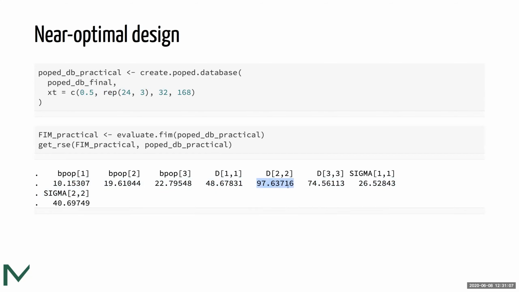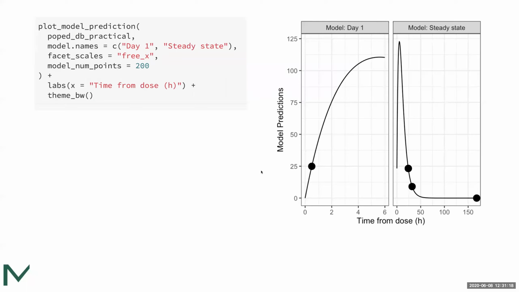This one here is the standard error for your volume of distribution omega estimate. A little high. If you do care about that, then you want to spend some more time optimizing. And this is just a plot of what the final design looks like. The early sample on day 1, your trough samples, and then these 2 samples past the last dose.